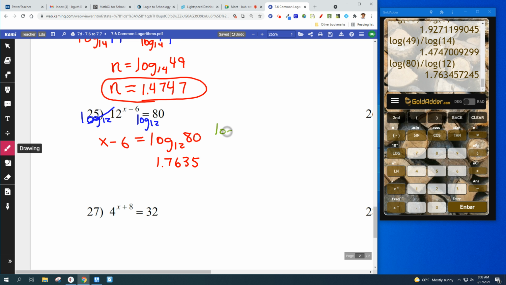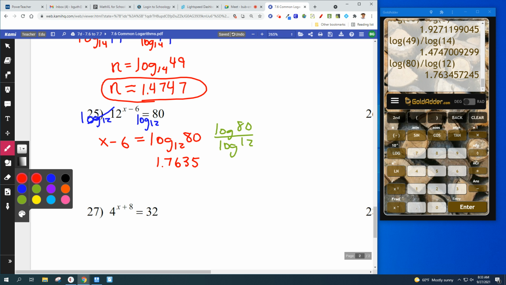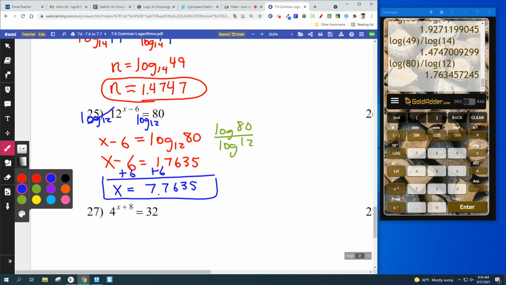Log 80 over log 12. Okay. Now we can add the 6 over to isolate the variable. 7.7635. All right, good stuff.